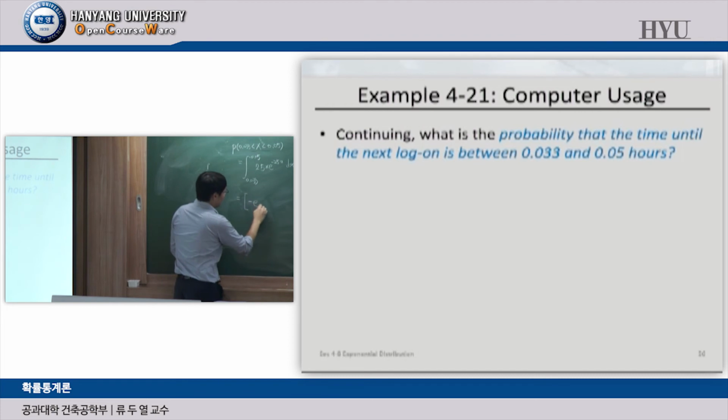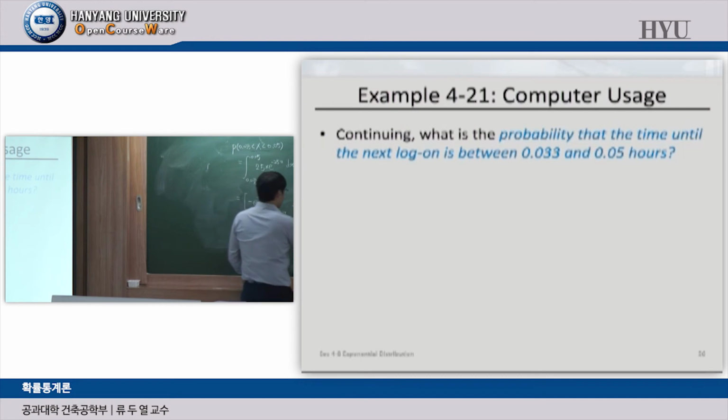And this will be minus e^(-25x) from 0.033 to 0.05. This will be minus e^(-25 times 0.05) minus, minus e^(-25 times 0.033).